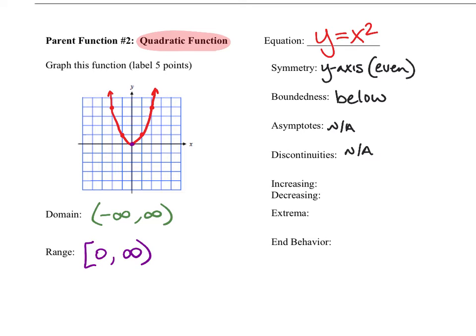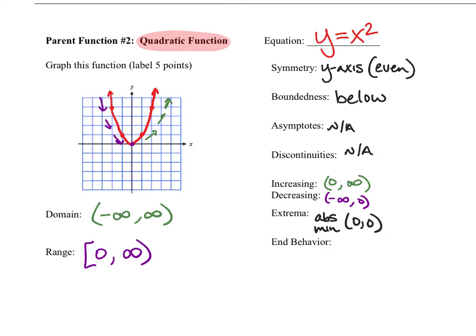It's increasing from 0 to infinity and decreasing from negative infinity to 0. Right, increasing over here and decreasing over here, not following the arrows, but reading it from left to right. It does have an extremum though, so it has an absolute minimum at (0, 0).